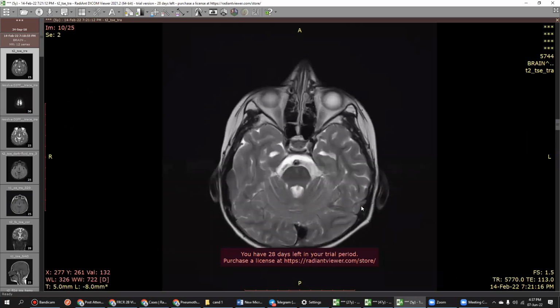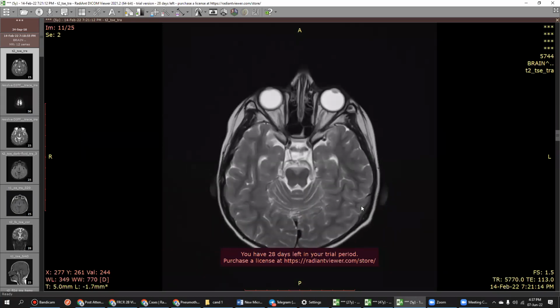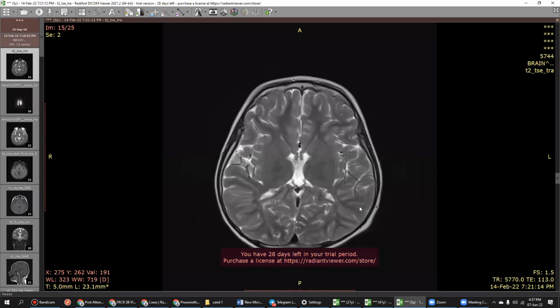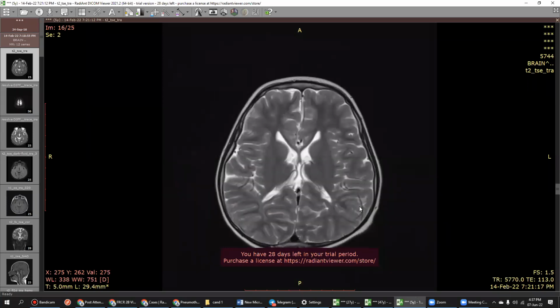I don't see any abnormal signal within the visualized orbits and paranasal sinuses. So in my routine practice, I would like to have a look at other images like FLAIR for comparison, if I find anything abnormal there.